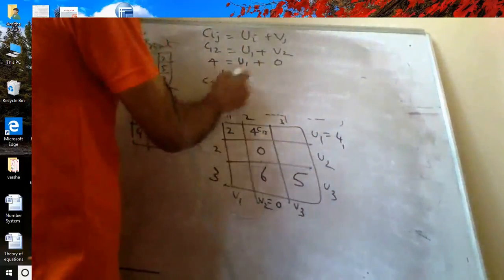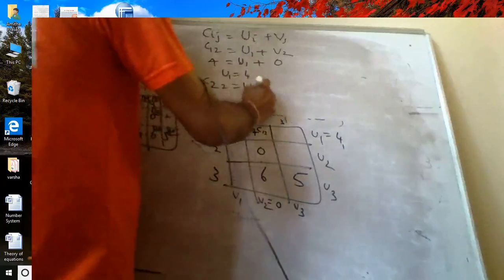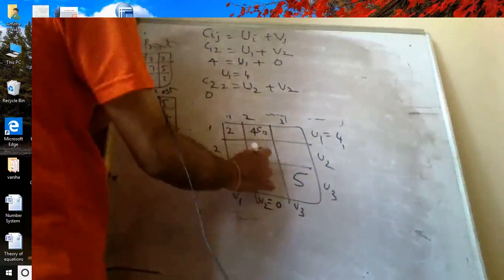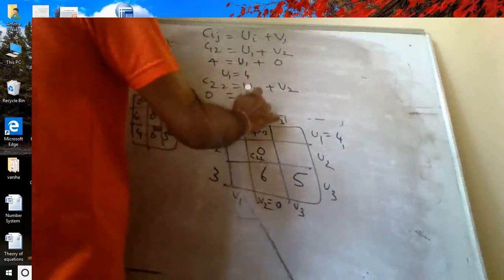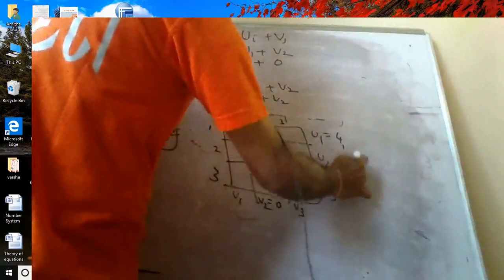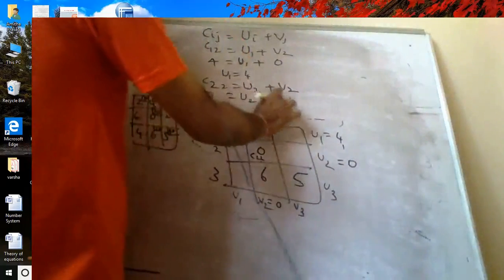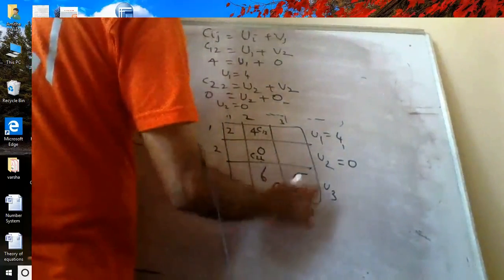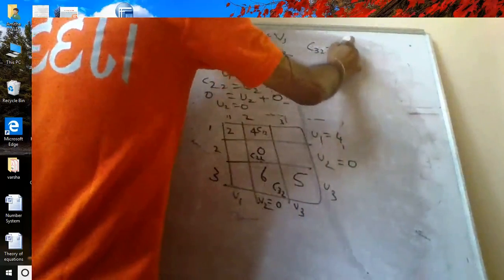Next C22, which is U2 plus V2. C22 is 0. U2 you don't know, V2 is also 0. Therefore U2 becomes 0. Next C32 is U3 plus V2. C32 is 6.